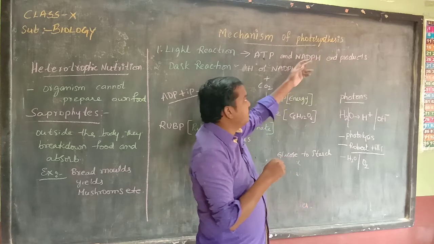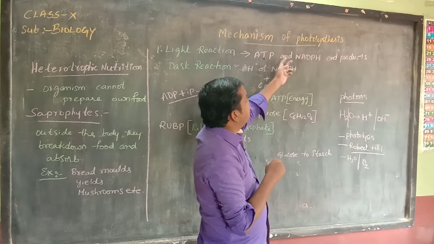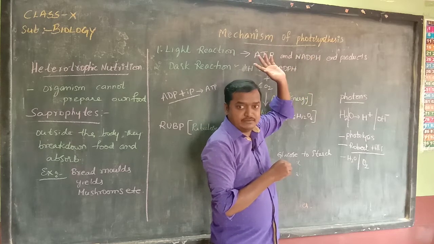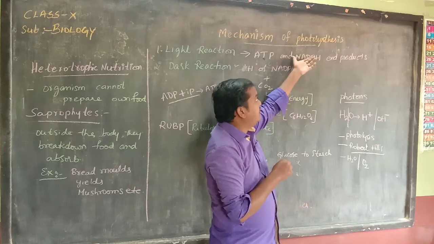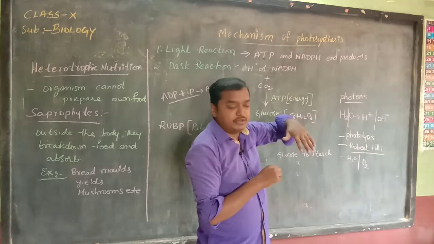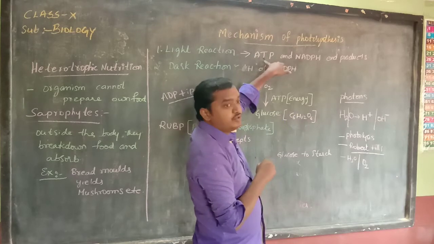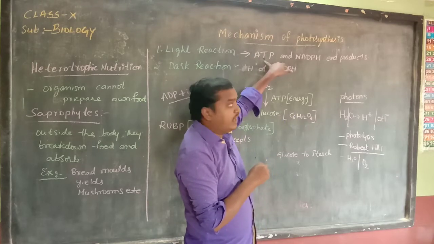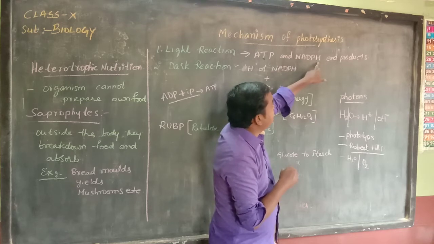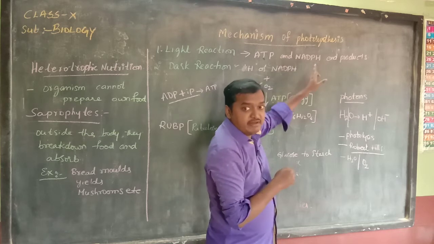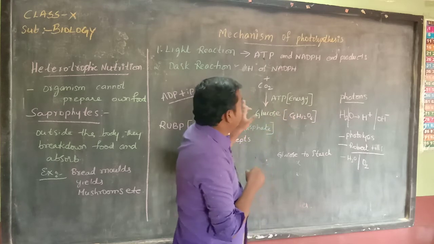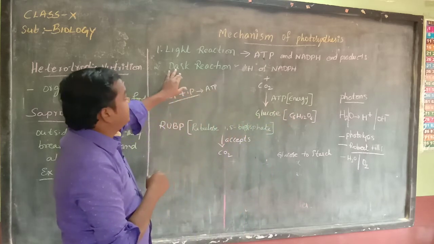These two, ATP and NADPH, are the end products of the light reaction, and they are used in the dark reaction as the energy source. ATP is used to provide energy, and out of NADPH, the H is used to combine with the CO2. Okay, right. Now we are going to see the dark reaction today.